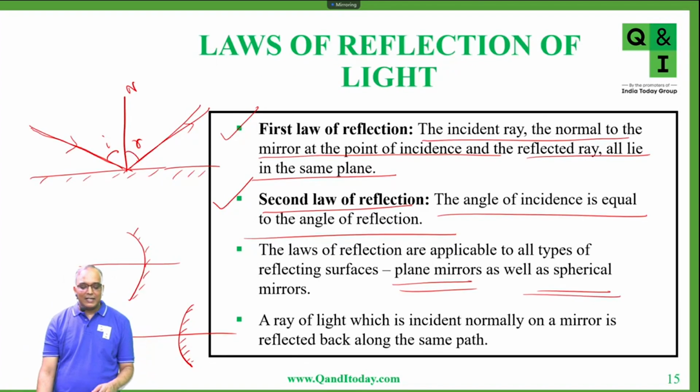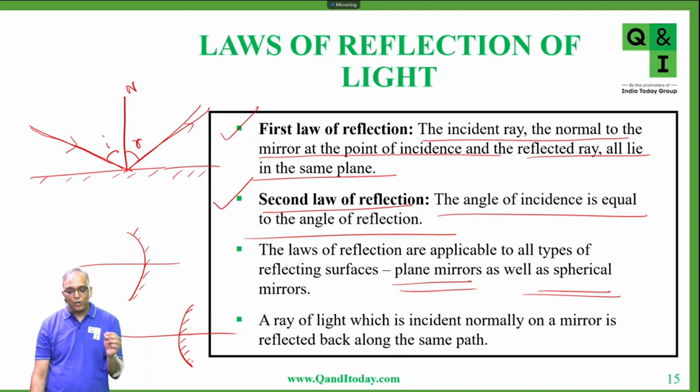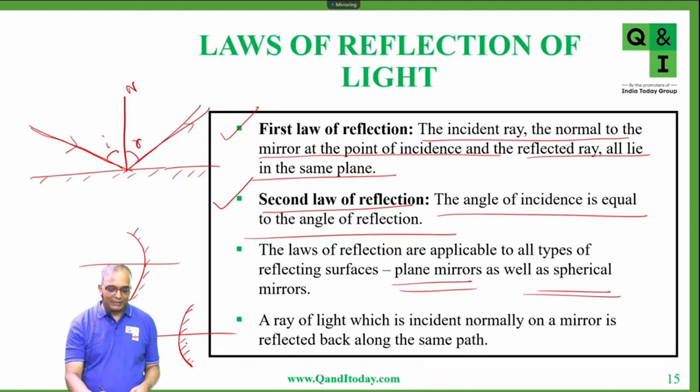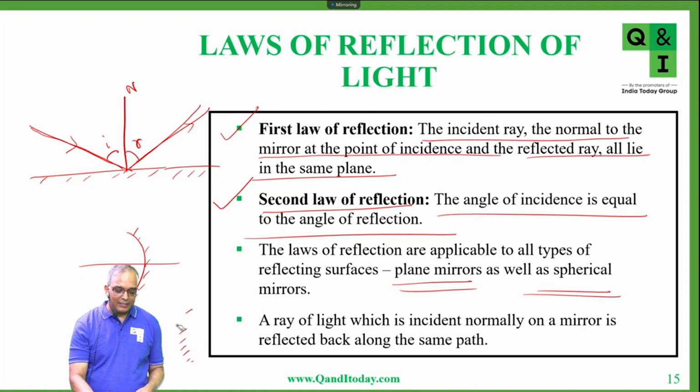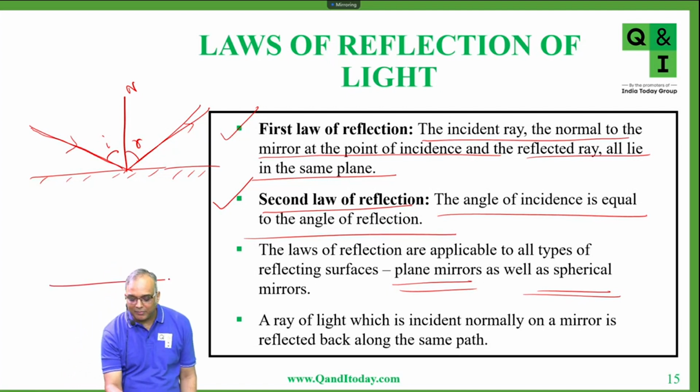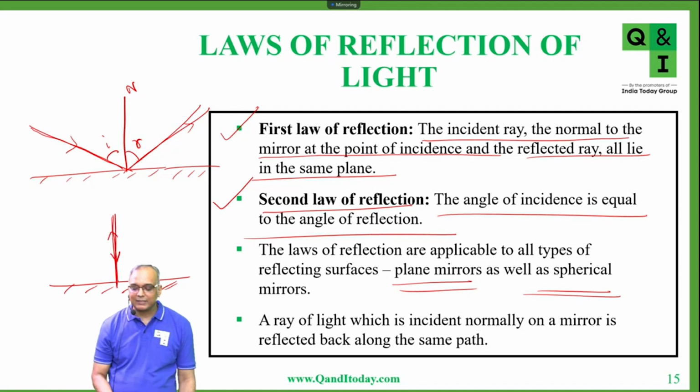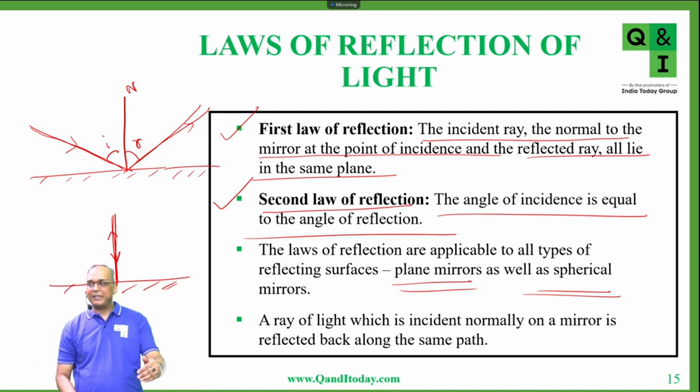The last point is that a ray of light which is incident normally on a mirror is reflected back along the same path. What does this mean? Let's say you have a mirror here. The light ray which is incident normally will be reflected along the same path. Why does it happen?